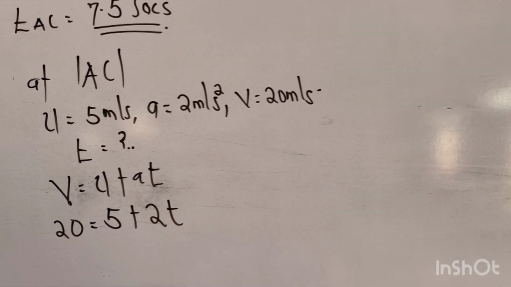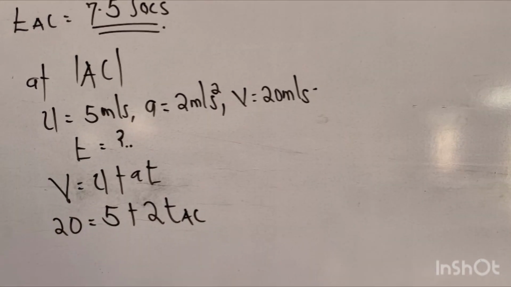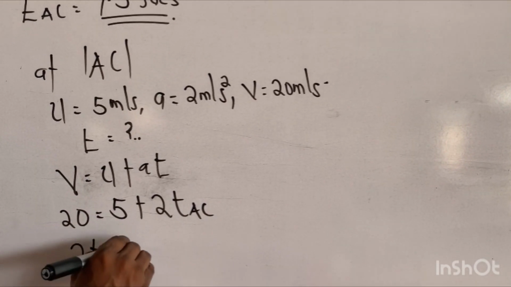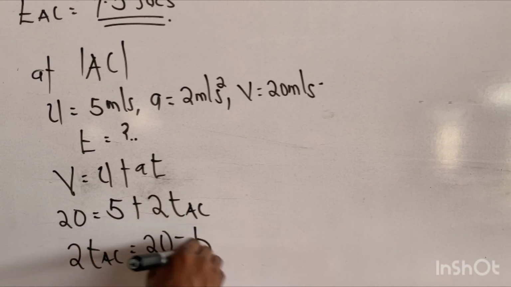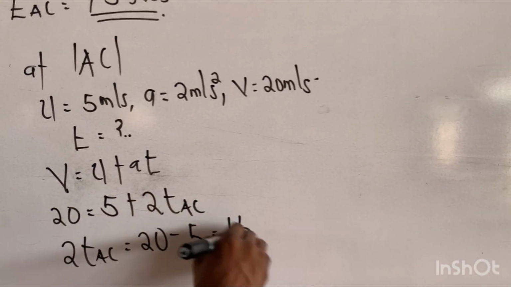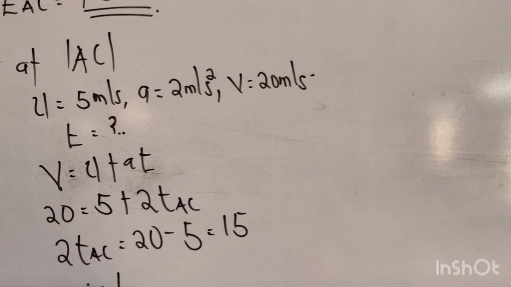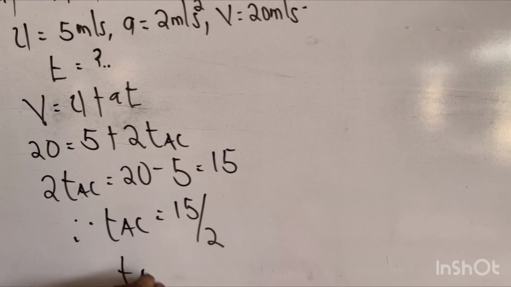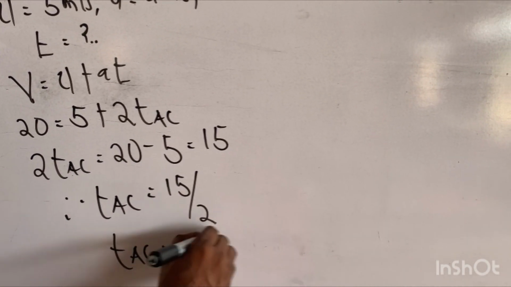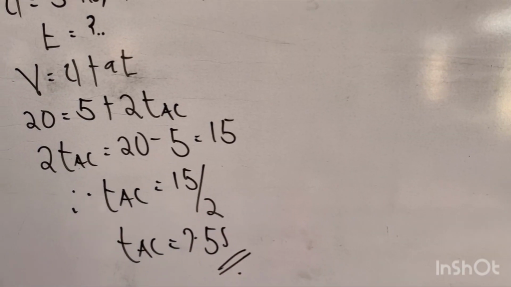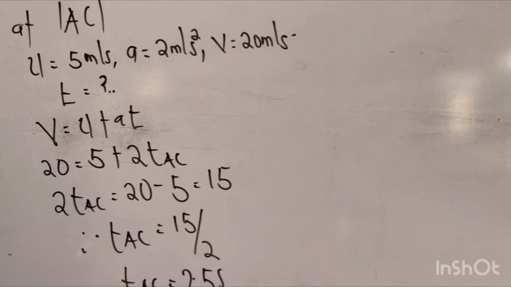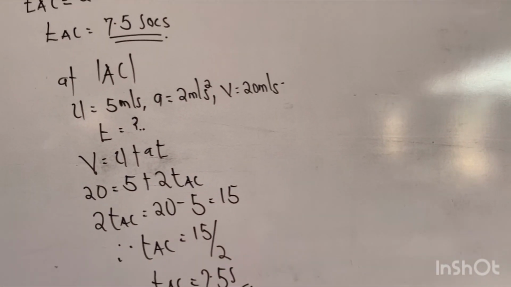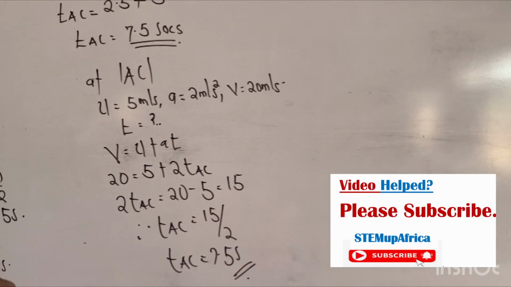The time spent from A to C, I don't know. So if I make that the subject of the formula, 2TAC equals 20 minus 5, that will give us 15. Therefore, time AC is simply 15 divided by 2. Time AC will give us 7.5 seconds. So you can see, we used a different approach, but the answer remains the same, 7.5 seconds. So it depends on the individual which approach is more suitable for you.